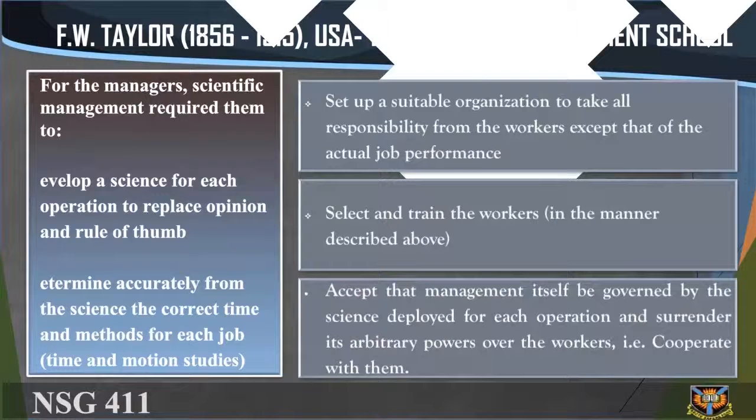Select and train the workers in the manner described above. Accept that management itself be governed by the science deployed for each operation and surrender its arbitrary powers over the workers, that is, cooperate with them.